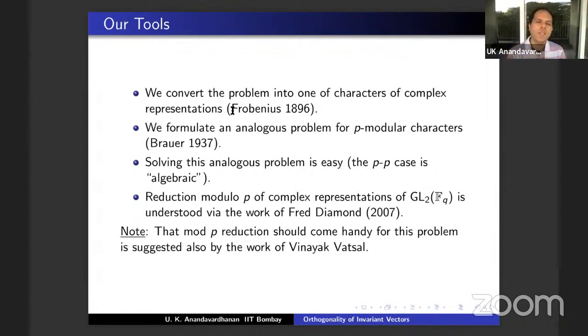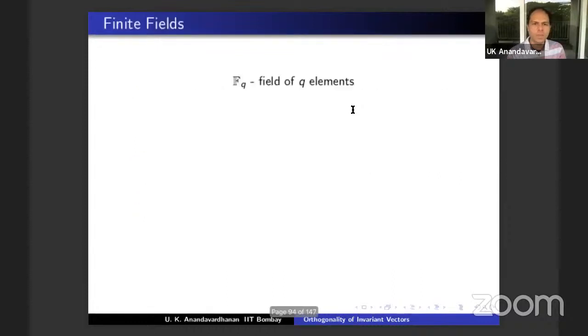What salvaged the situation for us, the key insight, was that one can convert it into characters. There are Brauer, Nesbitt, etc. characters in characteristic 0, and the Brauer character, which is also a characteristic 0 object, is tailored for mod P theory. These two things are nicely connected. Therefore, you can convert the original problem to one that can be converted to mod P theory, and then you can do this association. So that's how we do it.